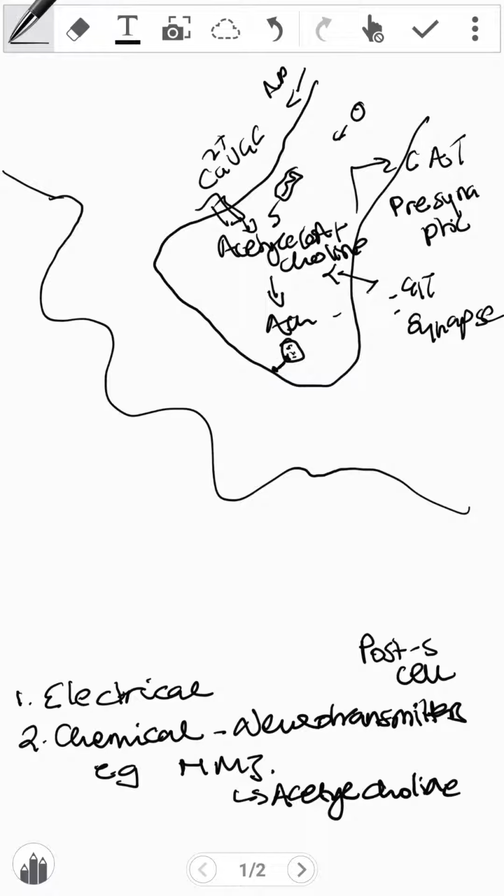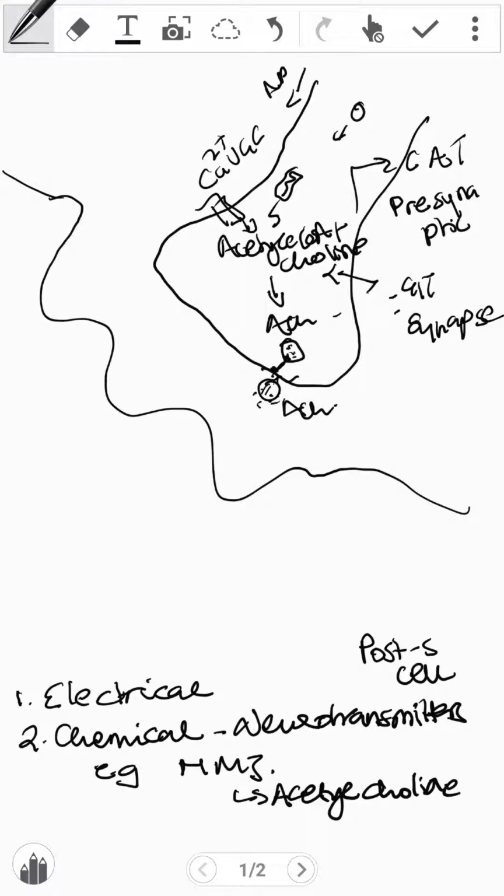Once these two bind, the component where the binding takes place dissolves, and what you're going to have is exocytosis of the components of the vesicle.